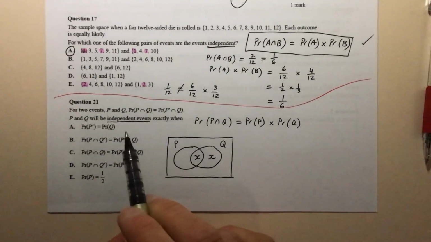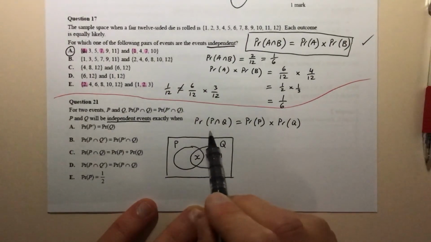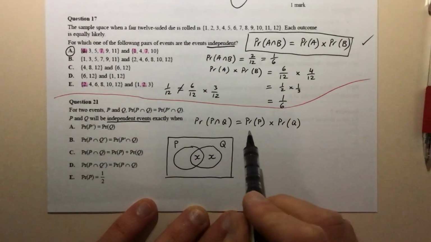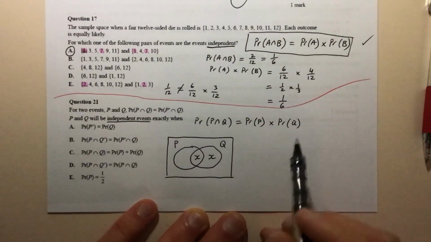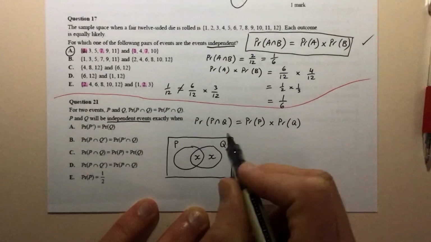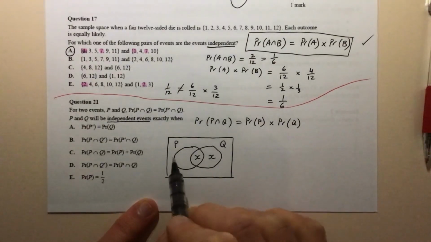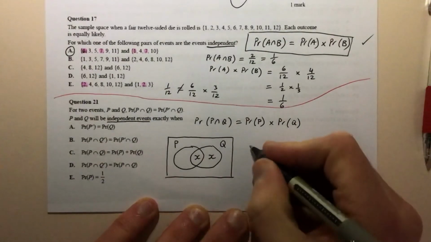Now, if we want independent events, we would need the probability of P and Q to equal the probability of P times the probability of Q. Now, from this Venn diagram, I actually have a bit of that information in terms of X, right? The probability of P and Q is just X in this diagram.